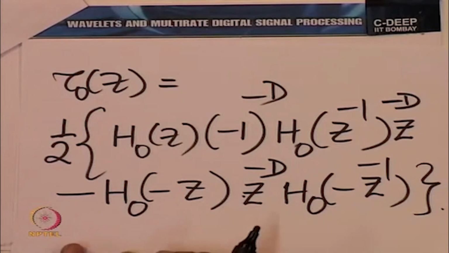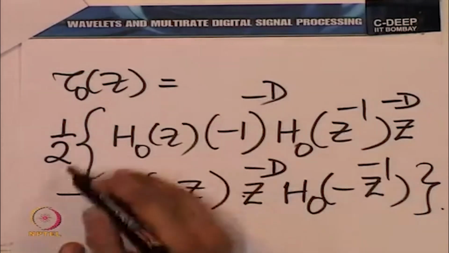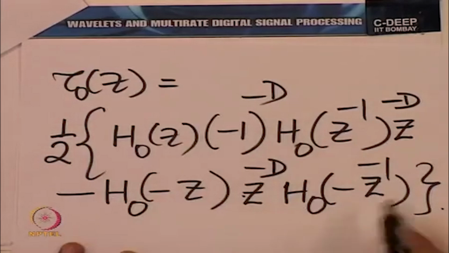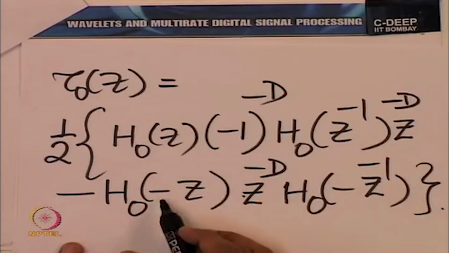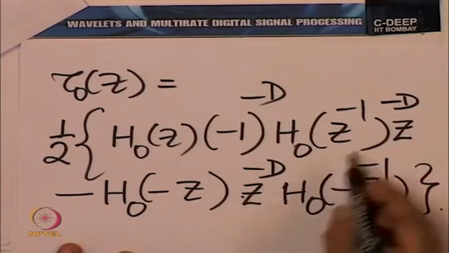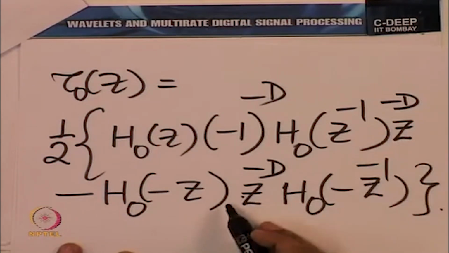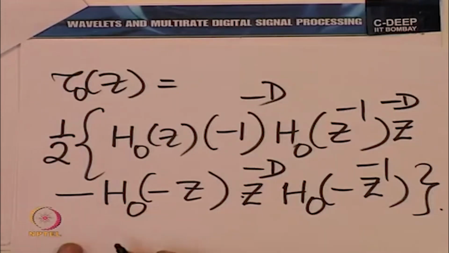Now, what we intend to do in the next lecture is essentially to look at this expression. So, we have h 0 z, h 0 z inverse here, h 0 minus z, h 0 minus z inverse there, the z raised to the power minus d terms there, and of course, you have a minus 1 raised to the power minus d here and a minus 1 here.